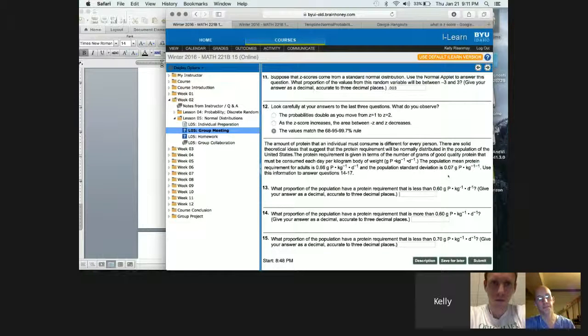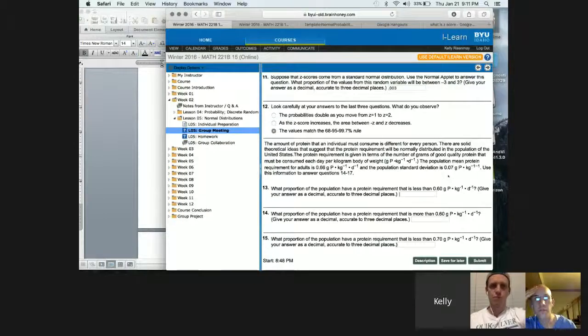So you do 0.66, and then you do plus and minus 0.07 times whatever. My main question is how are we doing this calculation?